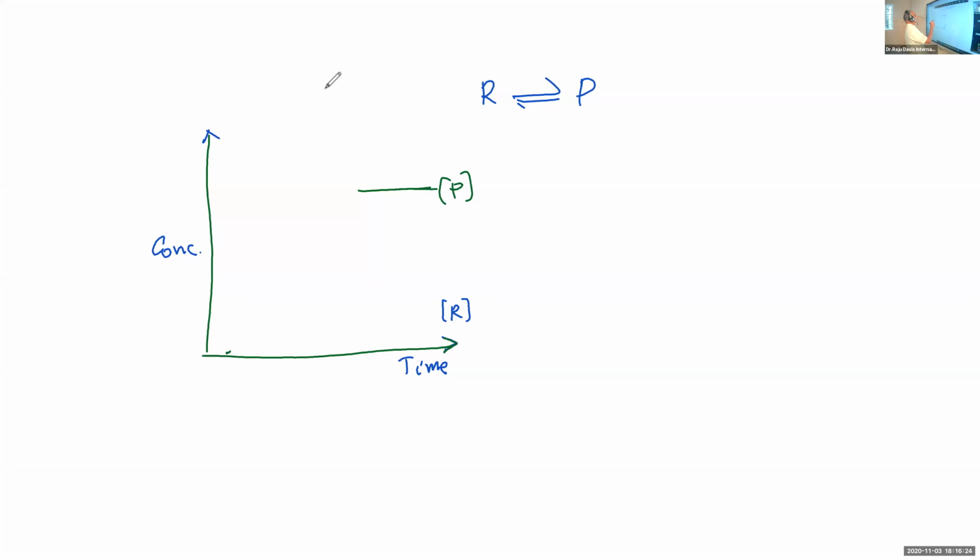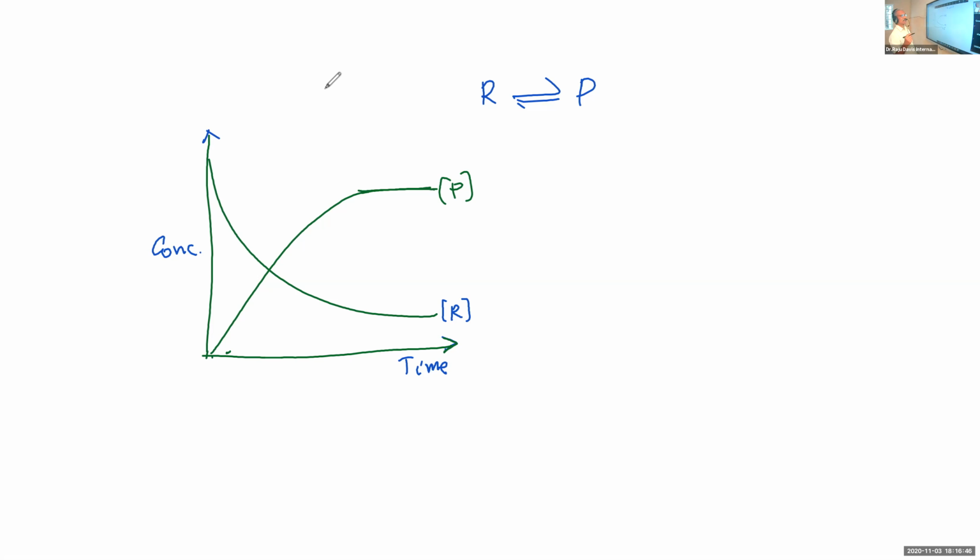So in the beginning, for the reactants, the concentration time graph will be like this. The concentration decreases with the time. But for the product, the concentration time graph will be like this.